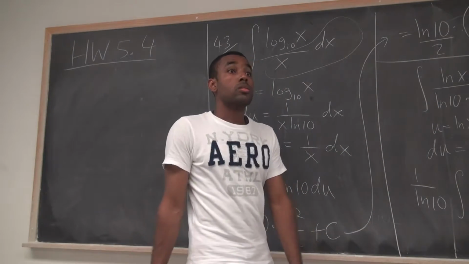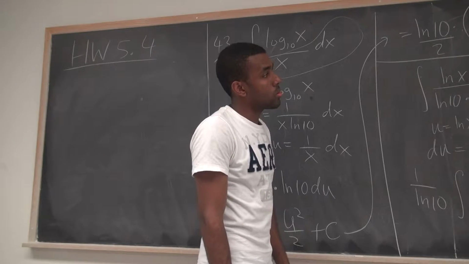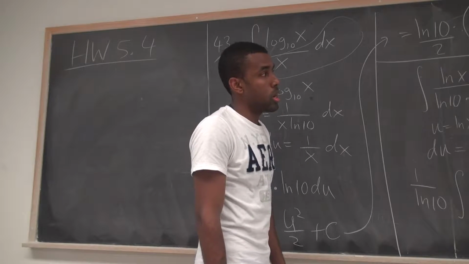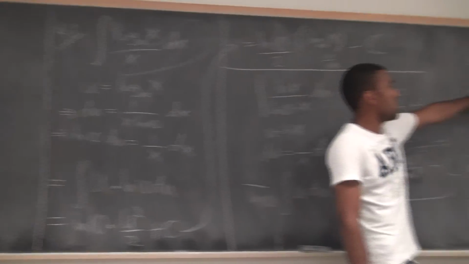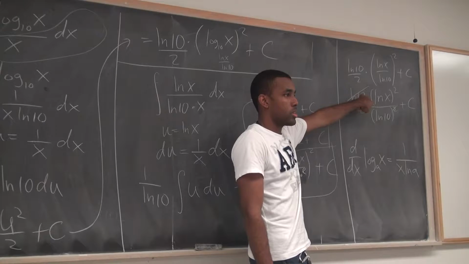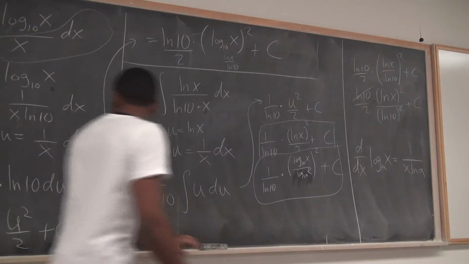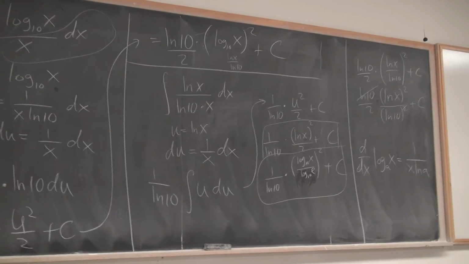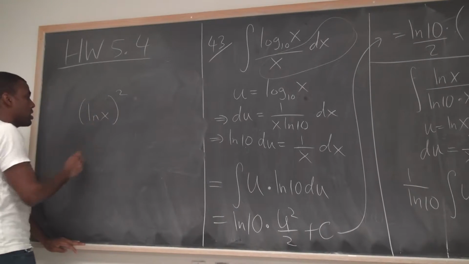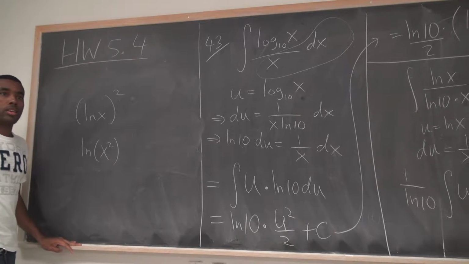Other questions? Can I bring down the 2? No, you could not bring down the 2. So this here, notice that you cannot bring down the 2. What's the difference? Right. ln of x squared and ln x, squared, are two completely different things.